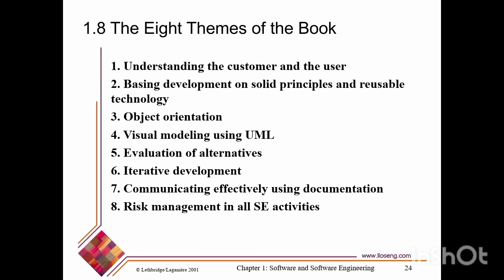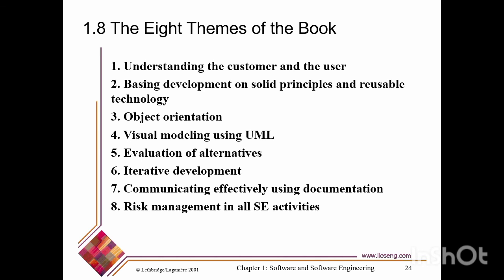The 8 themes of the book: understanding the customer and the user, basing development on solid principles and reusable technology, object orientation, visual modeling using UML, evaluation of alternatives, iterative development, communicating effectively using documentation, and risk management in all software engineering activities. Generally, not only in this book, we have these 8 themes.